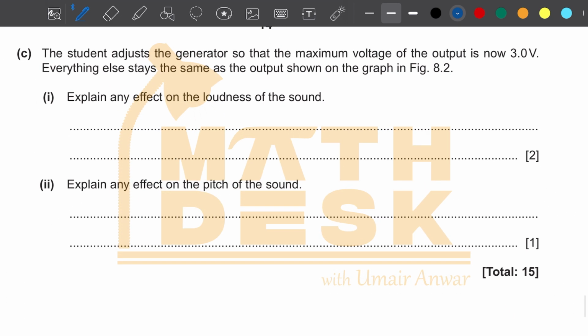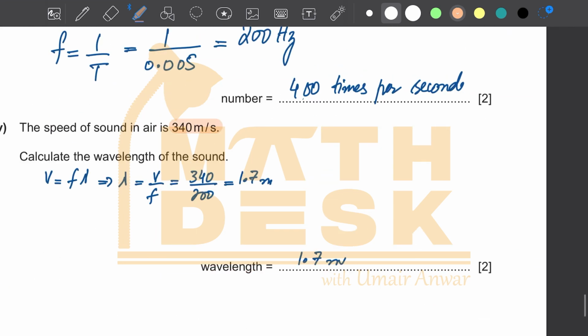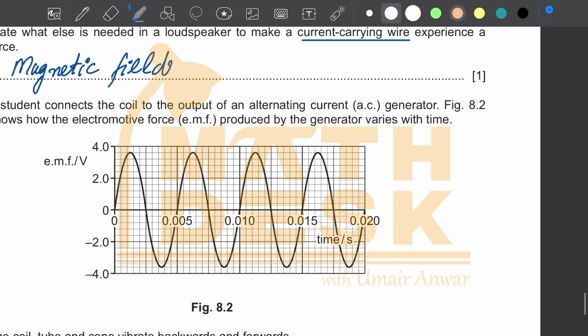The next part says the student adjusts the generator so that the maximum voltage of the output is now 3 volts. Everything else remains the same as the output shown on the figure 8.2. Explain any effect on the loudness of the sound. Now, since the maximum voltage is decreasing, before it was greater than 3 volts and now it has been reduced to 3 volts.